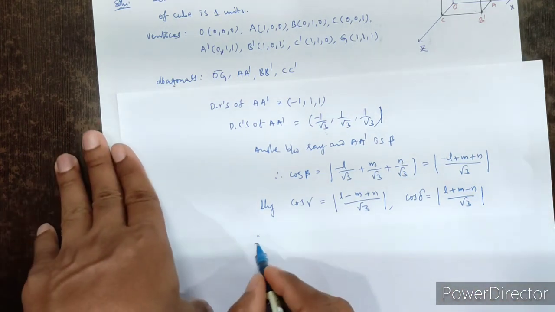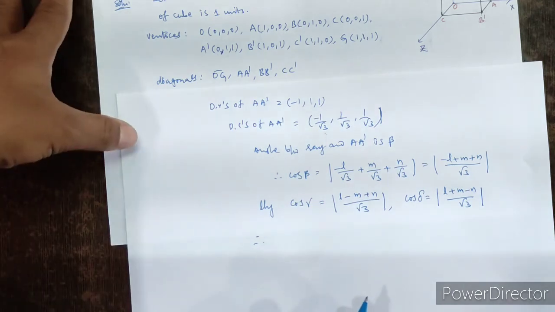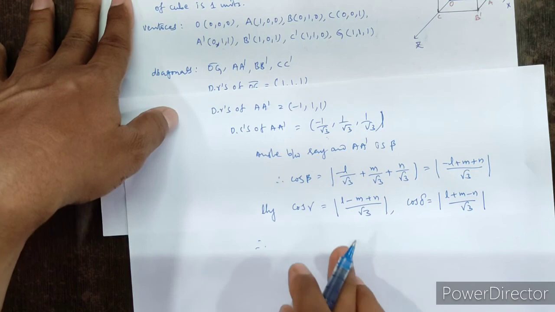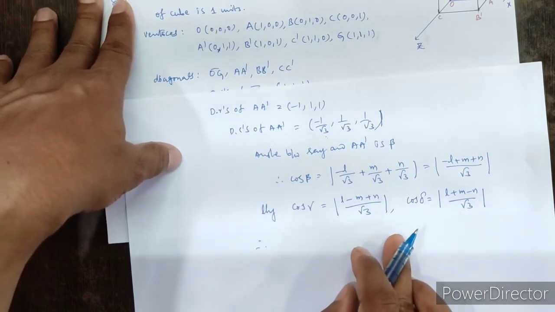So therefore we have already found cos alpha, cos beta, cos gamma and cos delta.